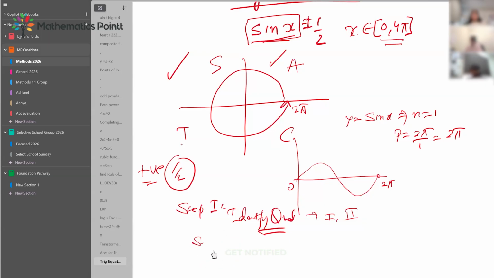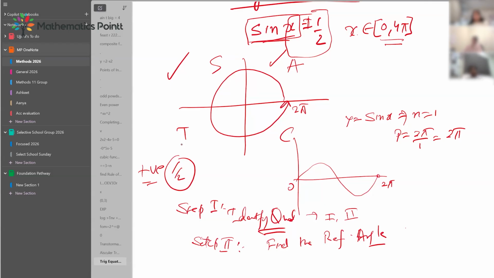My second step, step 2, is find the reference angle, which means the first quadrant angle with respect to the value that I am given. I need to find what value of x will be half in the first quadrant.